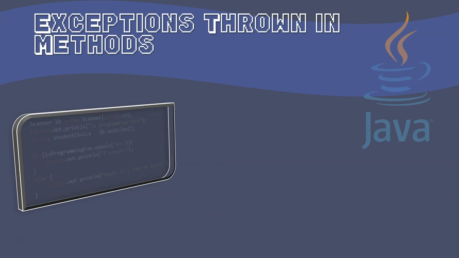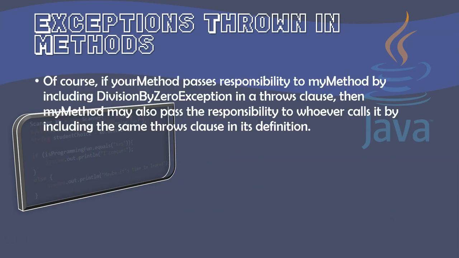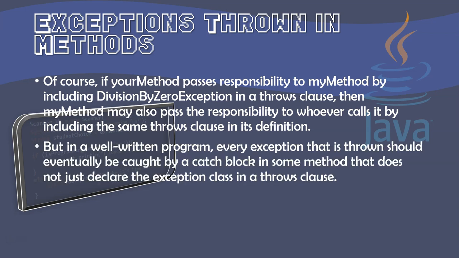Now, when we look a little closer at these exceptions thrown within methods, if that original method passes responsibility to a new method by including, for example, division by zero within a throws clause, then myMethod, the new method, may also pass the responsibility to whoever calls it by including that same throws clause within its definition.